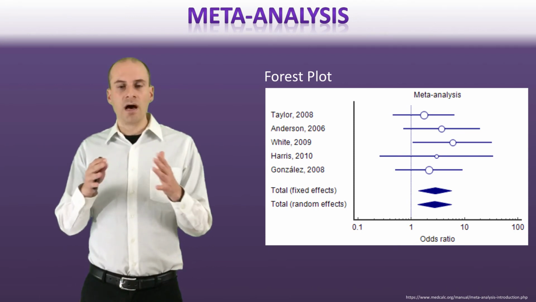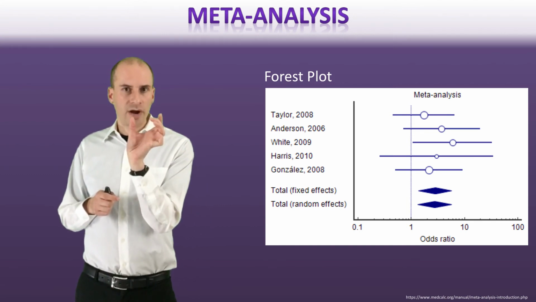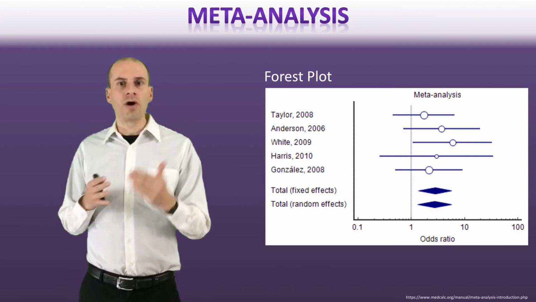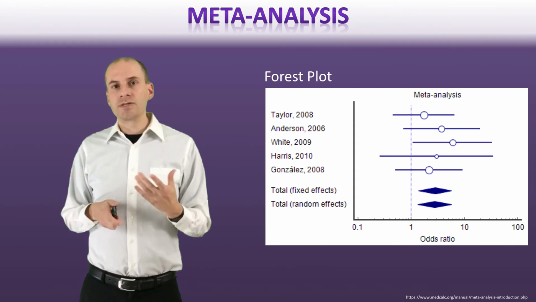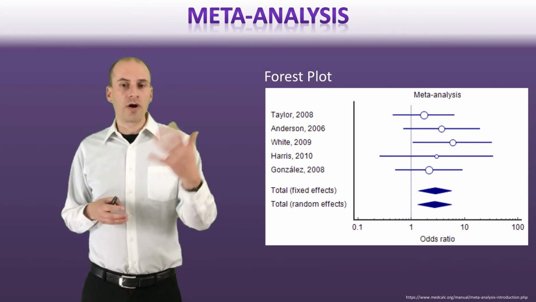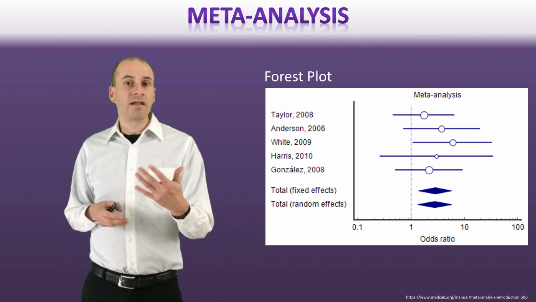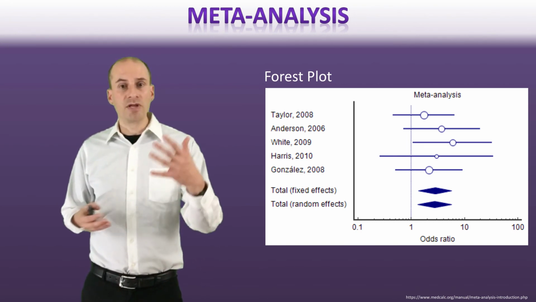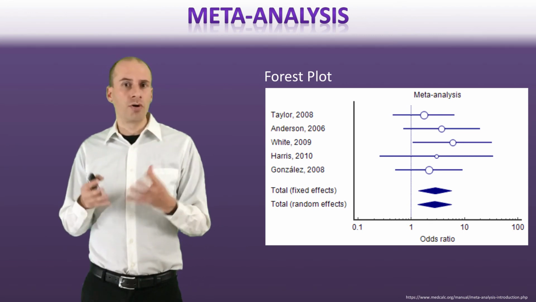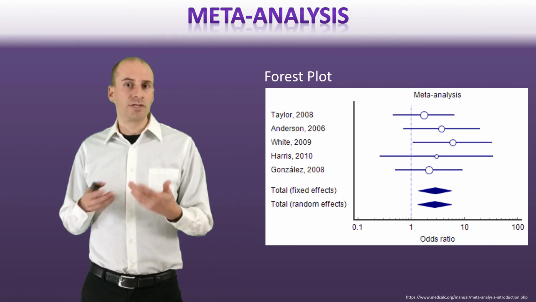That diamond at the bottom represents the center and the area of confidence that they have for the combined data across those studies. So this is really very helpful for looking across multiple studies. Many of those studies, for example in this chart, may not have seen a statistically significant result, but when you combine them together, you get a stronger finding in terms of showing whether or not there's an impact for that health issue.